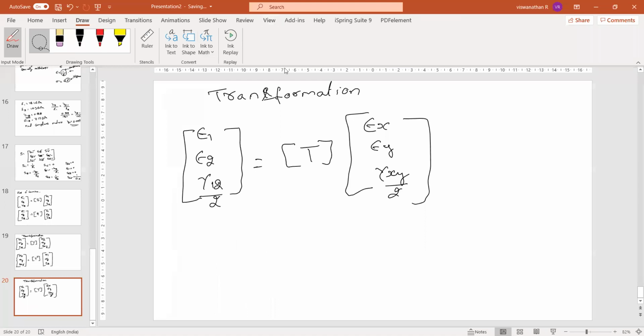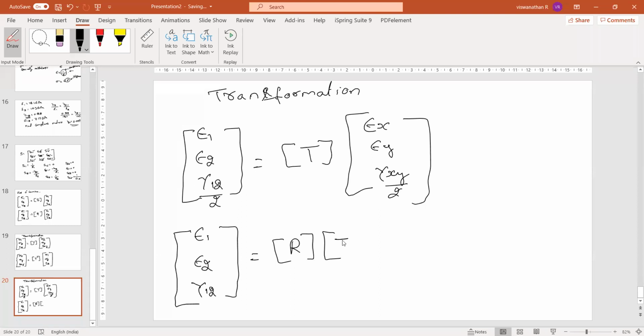The other way to write this matrix is epsilon 1, epsilon 2, gamma 1 2 is equal to, there's a matrix called R, multiplied by T, and R inverse, I'll tell you what that is, and epsilon x, epsilon y, gamma xy.